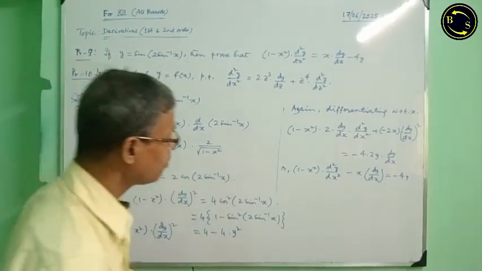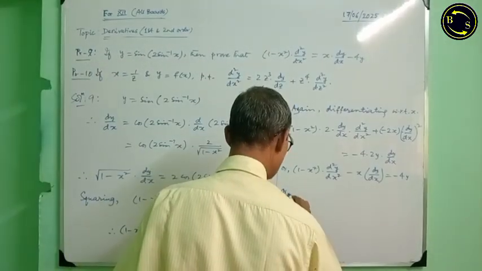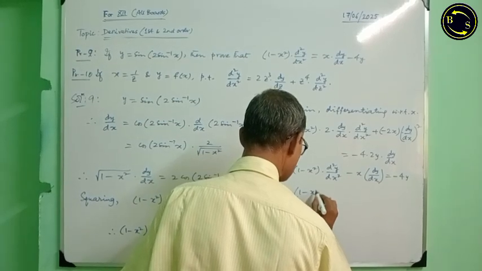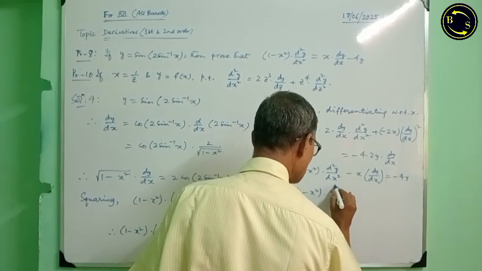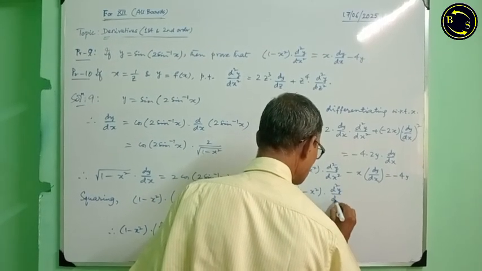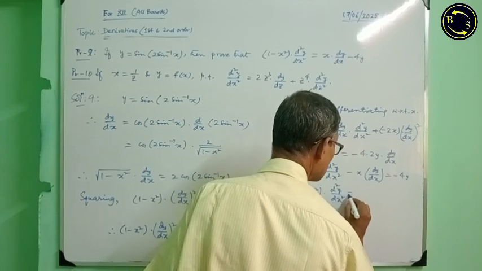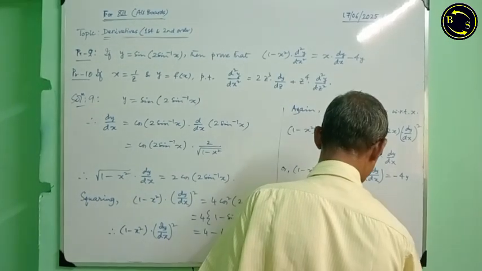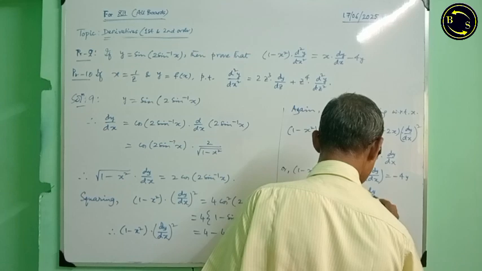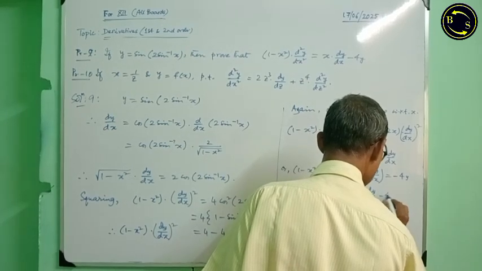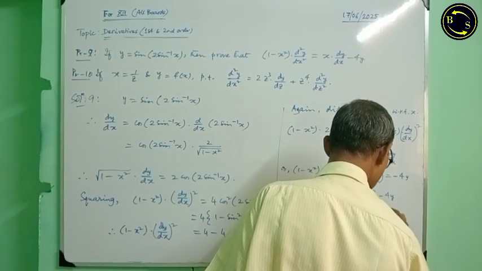We have got that form, or (1 − x²) d²y/dx² is equal to x dy/dx − 4y. Proved.